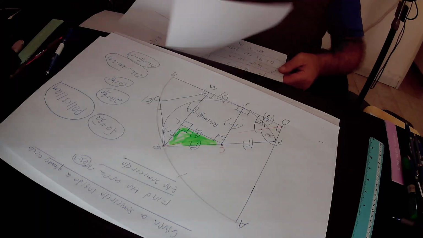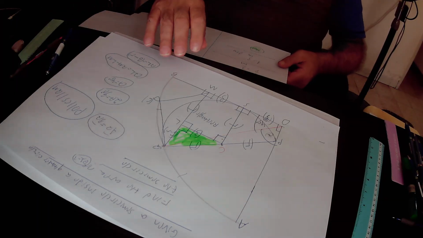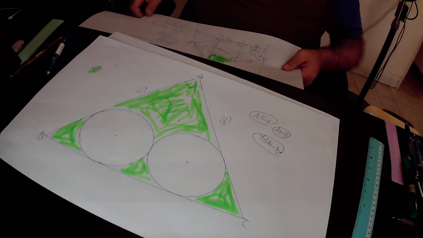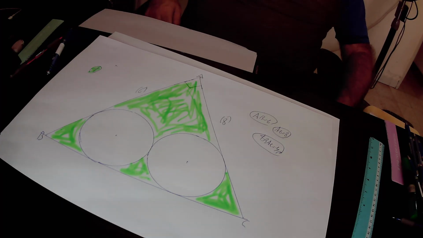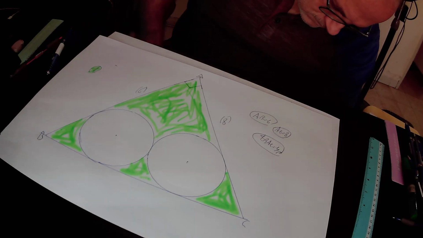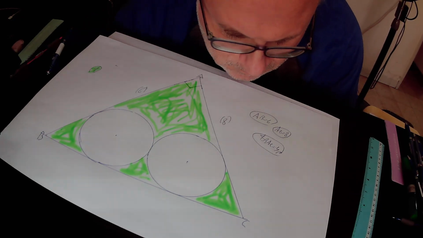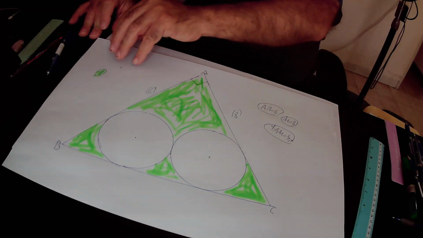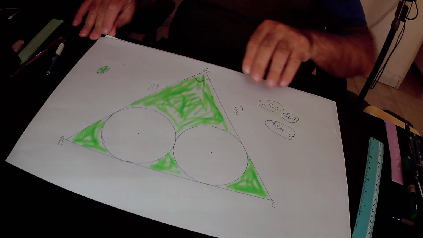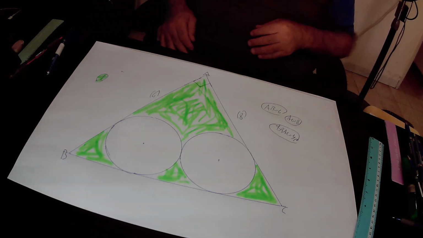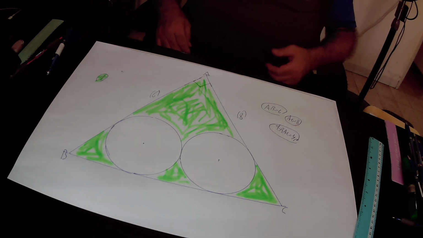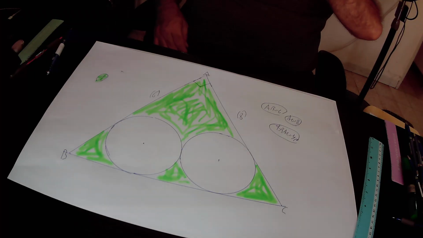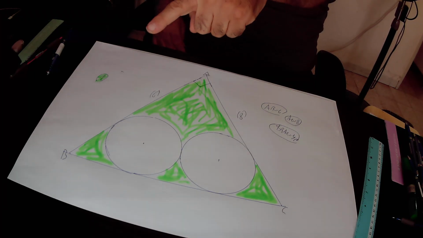The next step, the second question in this lecture. Our task in this second question is to find out the area of this green shape. In the drawing, we have the right triangle ABC.